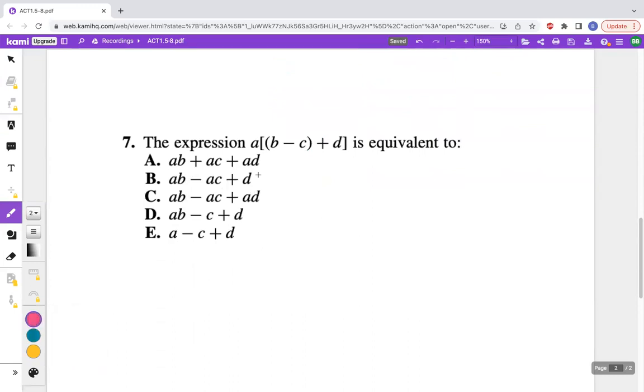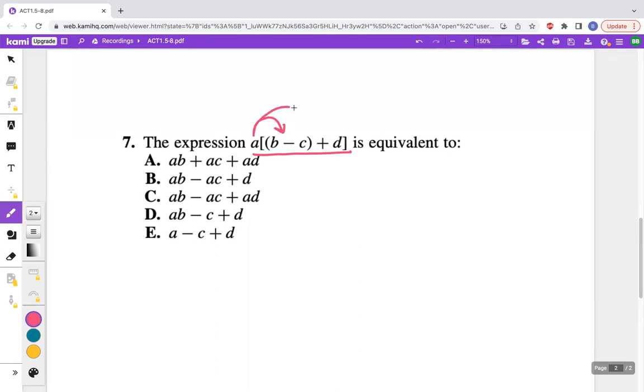Okay, the expression here is equivalent to what? All right, so this is just testing some basic combining like terms skills and distribution. I can see inside of my parentheses or grouping, there's nothing that I can combine. So none of the variables are like terms. So the only way I can move forward here is with distribution.